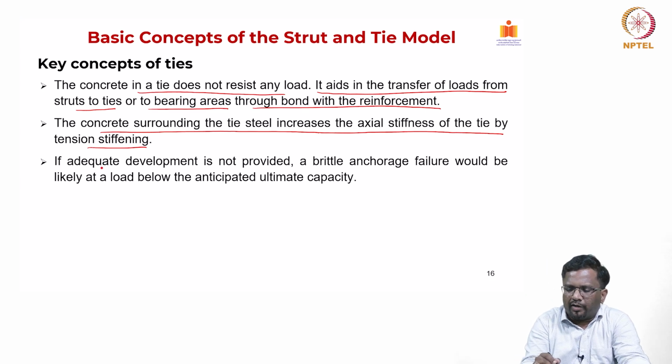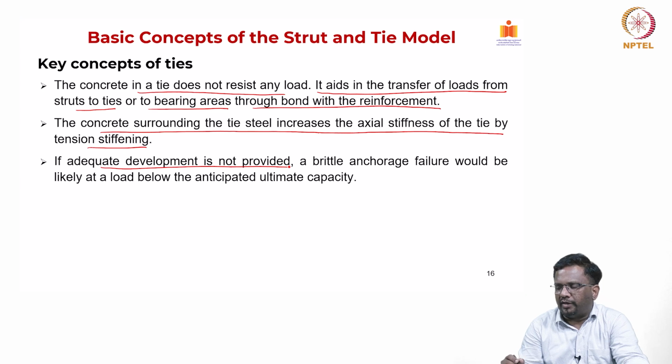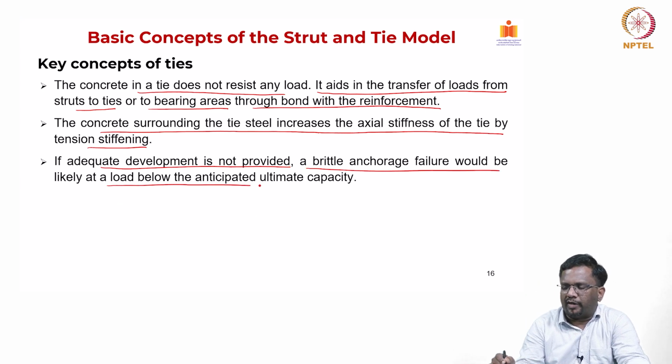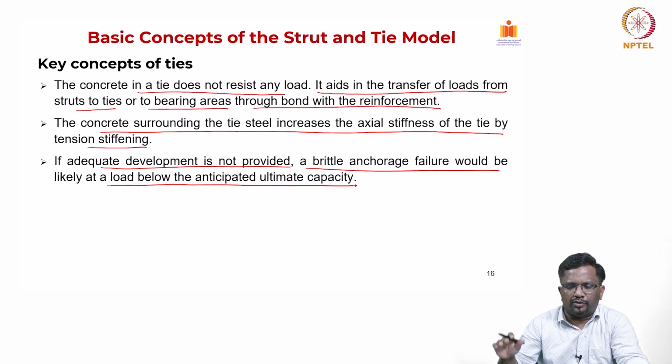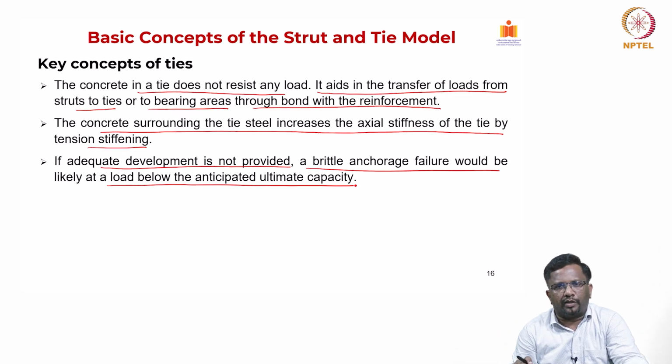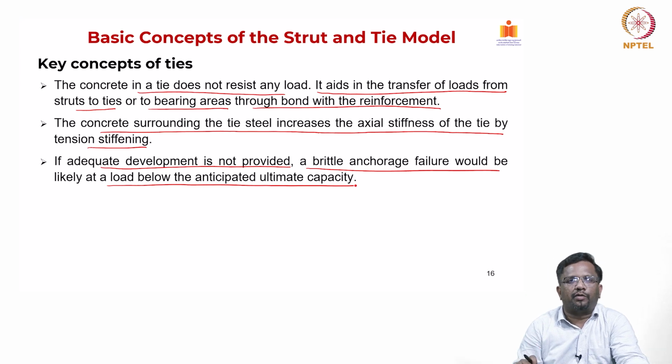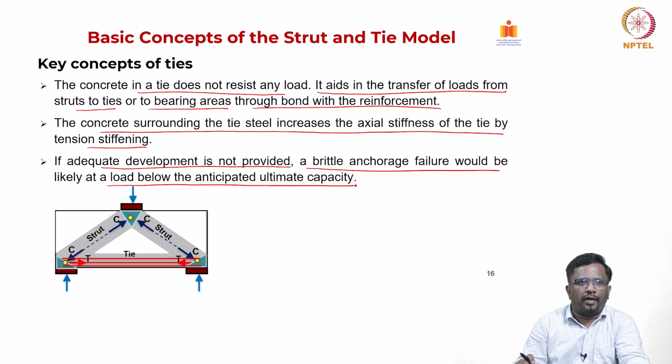Now, if adequate development is not provided for the ties, a brittle anchorage failure would be likely at a load below the anticipated ultimate. That's why I said, for a tie element, it is very important to have adequate anchorage and proper development length. So, usually you provide a 90-degree hook of sufficient length, so that the tie is able to develop the tension force, right. That is very, very important for a successful strut-and-tie formation within a deep beam or any disturbed region.